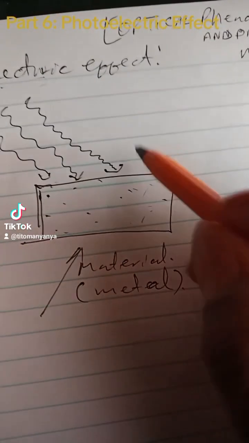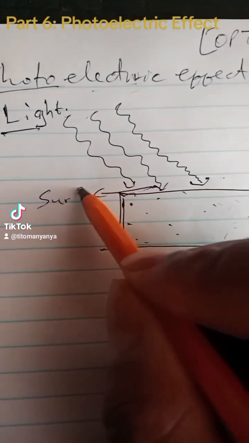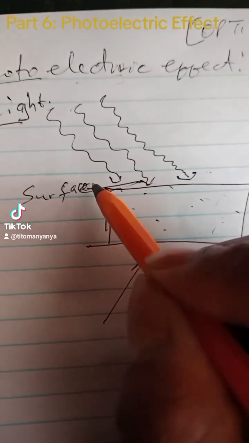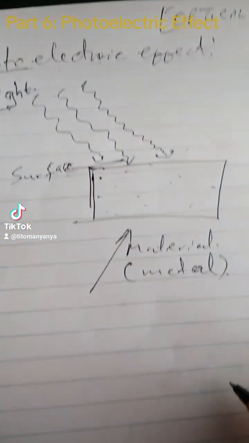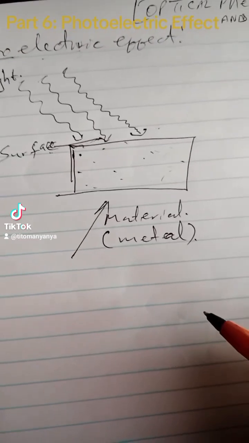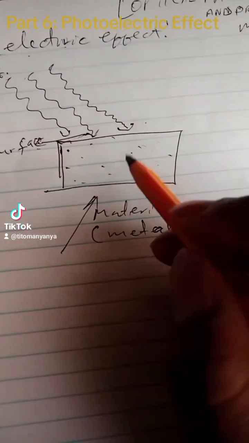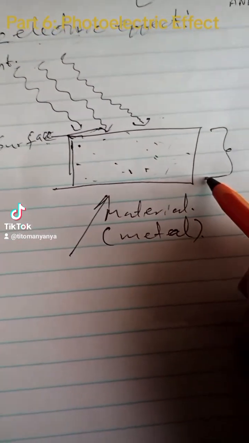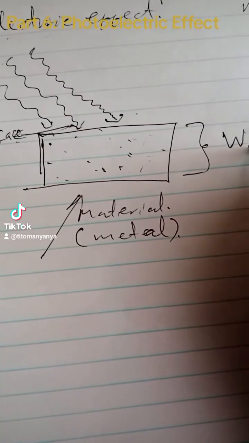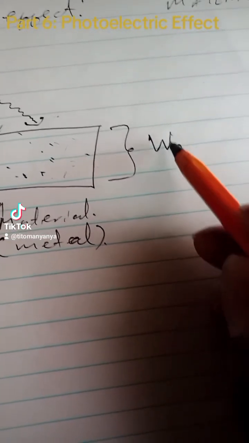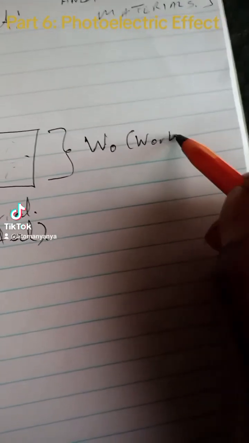Then this is the surface of this material. This material has its own work function, I'll say W subscript O. In other words, this is the work function.